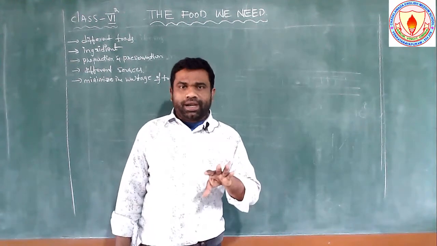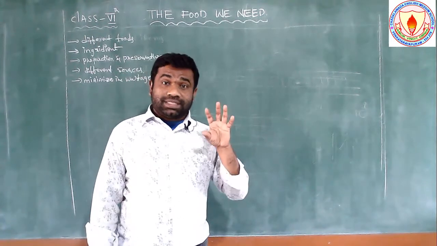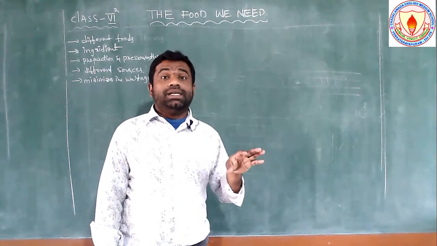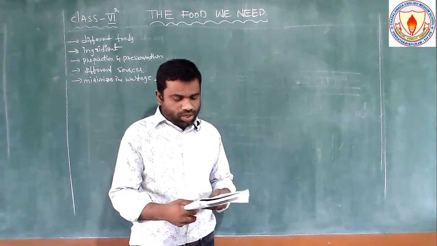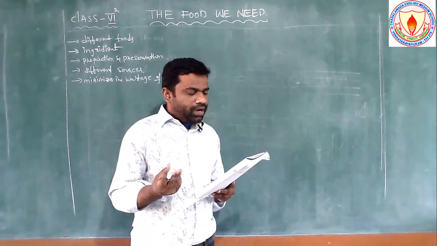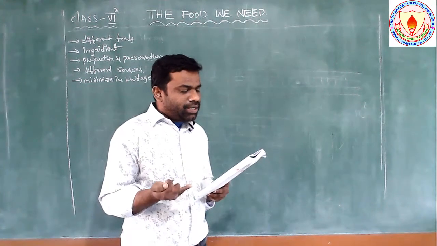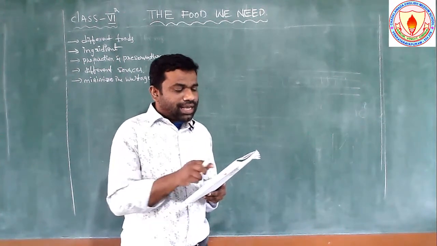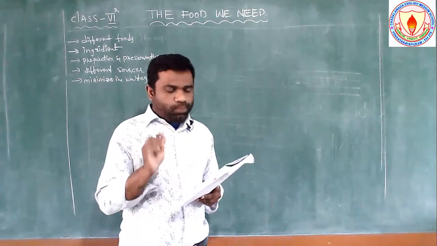To prepare the food material, we need some substances, and those substances are said to be ingredients. So, here rice is needed, oil is needed, salt, tamarind, chilies, turmeric and asafoetida are needed. These are the ingredients to prepare the pulihora.